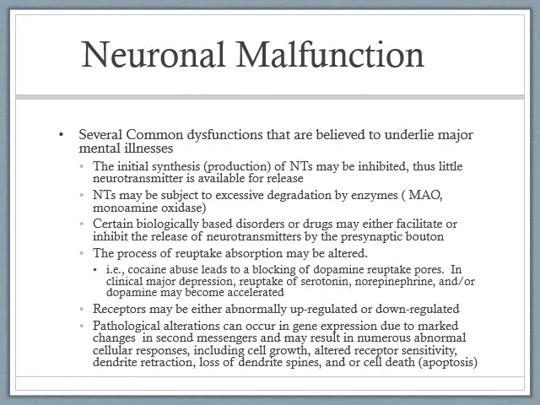So there are several common dysfunctions that are believed to underlie major mental illnesses. One of these being the initial synthesis or production of neurotransmitters may be inhibited. So this results in too little of a neurotransmitter being available to be released.